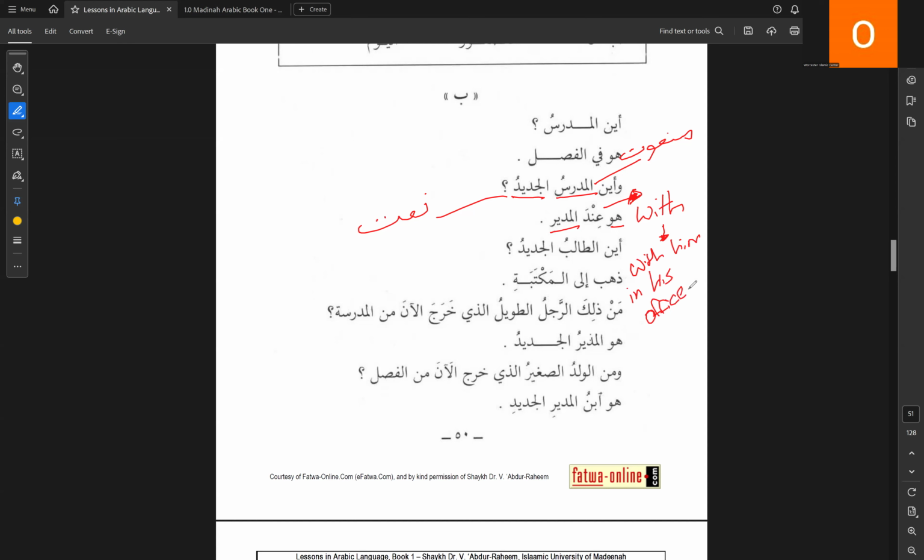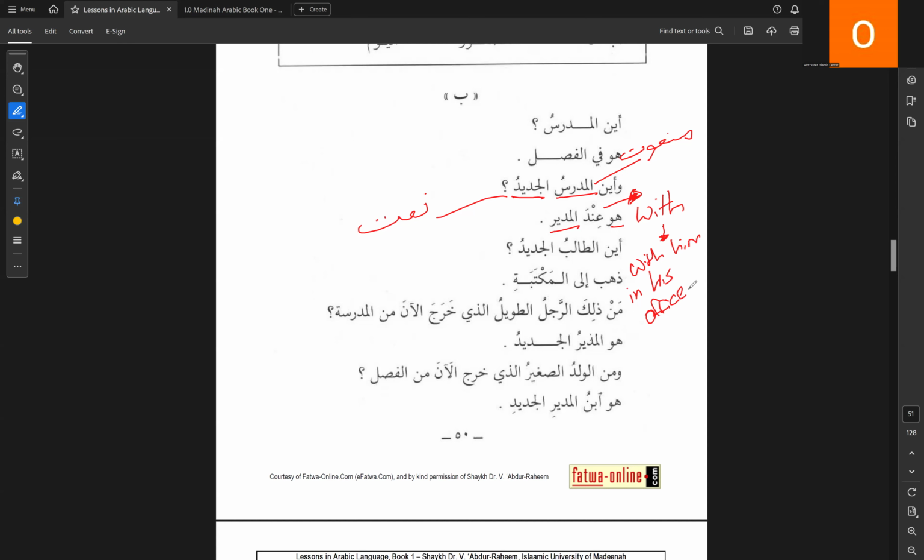Okay, so we'll cover this word عند, and then we'll cover another word that is ma'a. It'll come in I think the next chapter. They both, when translated, will translate to with. But عند means that essentially the teacher is with the principal at the principal's location.